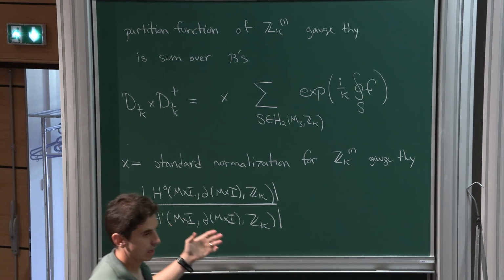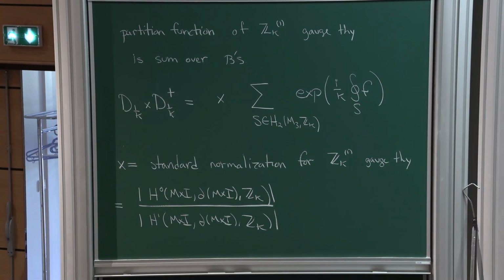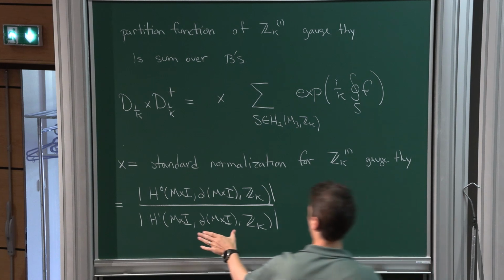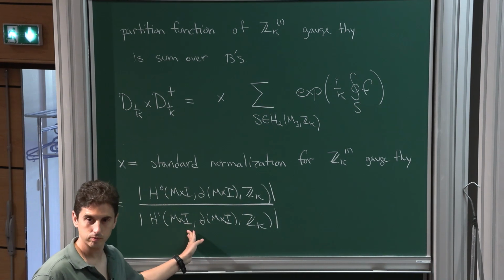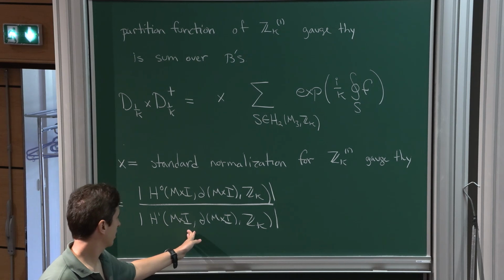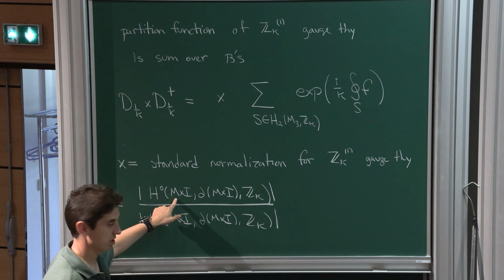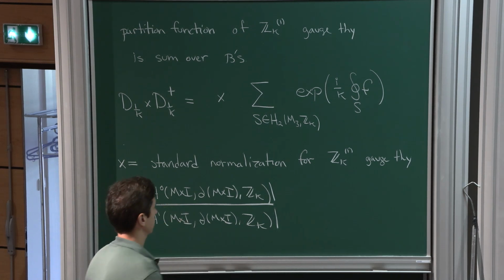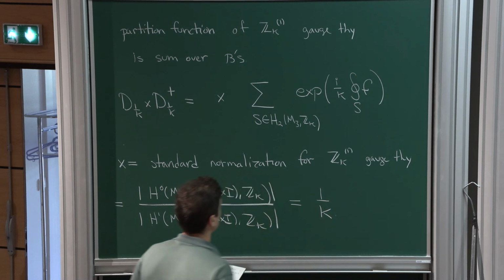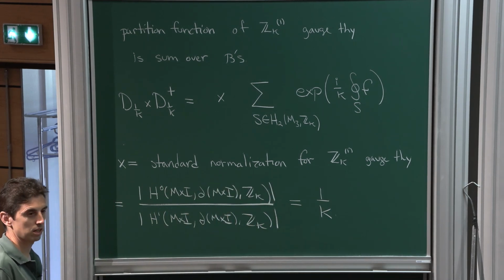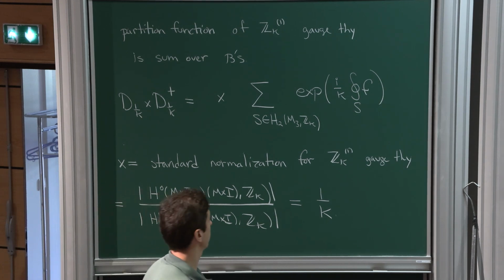When you do gauge theory, you should divide out by the residual gauge transformations. That's this H1, where you have two-form gauge theory, so the gauge parameter is a one-form. But then there are some redundancies in the way of parameterizing the gauge parameters, and that gives you the H0. So you can evaluate that formula in general. It doesn't depend on M3. That's a nice feature. It's just a number, 1 over k.